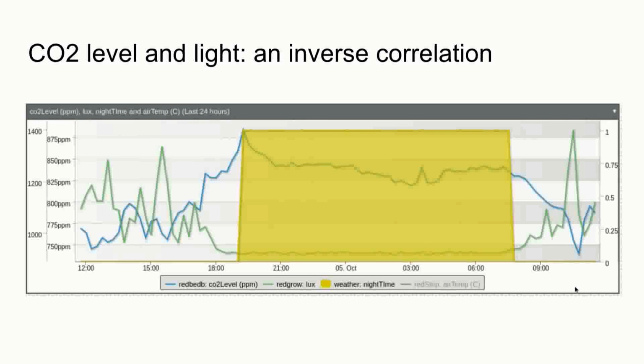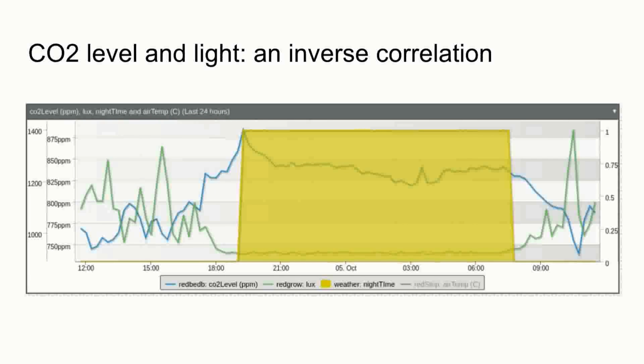So that's really cool. It's probably most pronounced over here at the 9 o'clock and beyond section, where as soon as the daylight starts coming in and the light starts going up, the CO2 level drops off quite a bit. And during the nighttime, the CO2 levels go up as high as they can. They'll basically match atmospheric levels during the nighttime, and during the day they somewhat drop below.